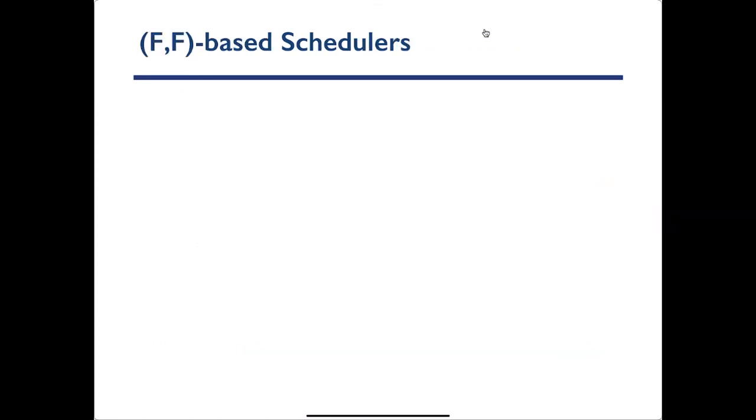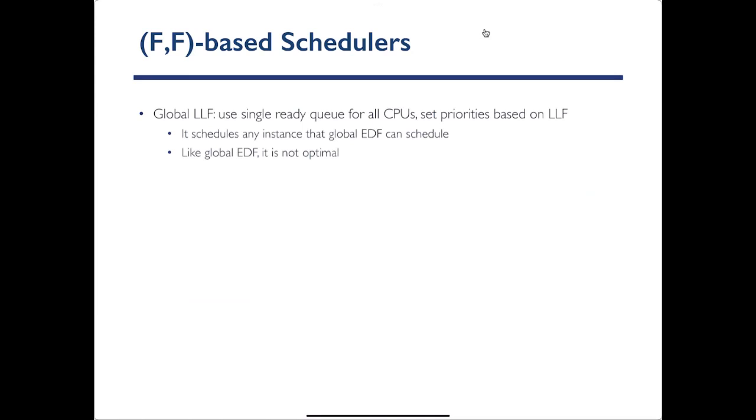Now, for FF case, where you have fully dynamic and full migration, then you could think of putting the same single queue for all CPUs and put a global LLF, basically least laxity first scheduler, for all of them. Now, this is FF, but it's not going to be optimal.